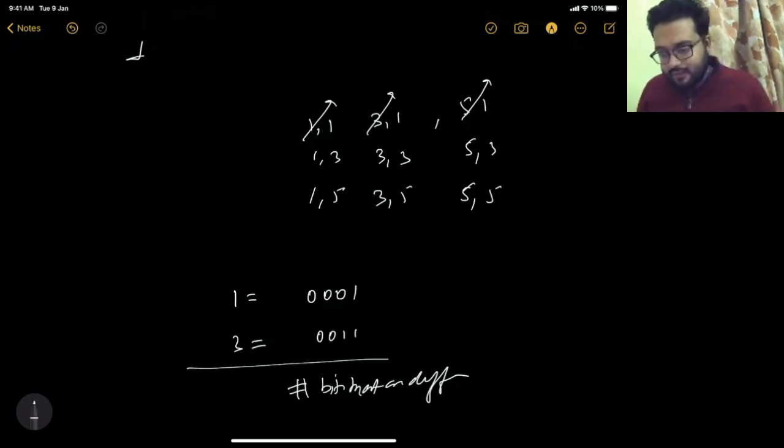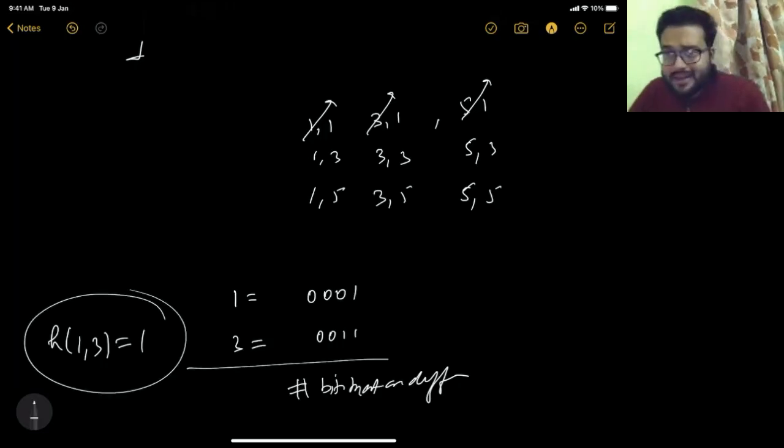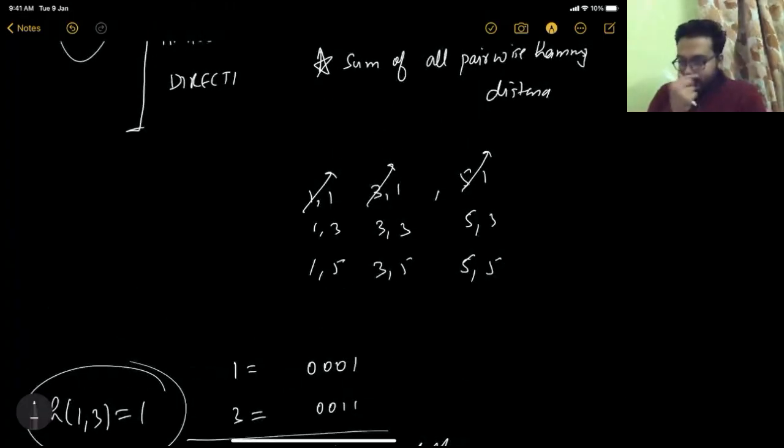Only 1. So again 1. Between 3 and 1, 1. Between 3 and 3, 0. Between 3 and 5, you have one bit which is different here. You have another bit which is different here. So difference between 3 and 5 is 2. Then you have a 1. Yes, Saurabh, you're right. Then you have a 2. Then you have a 0.